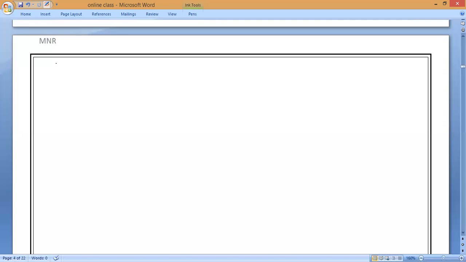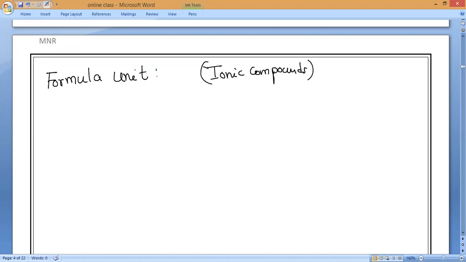If I say ionic compounds, remember, we have to use a word called formula unit mass. Formula unit mass is the one we will use to calculate the mass of ionic compounds. Here also the formula is the same.